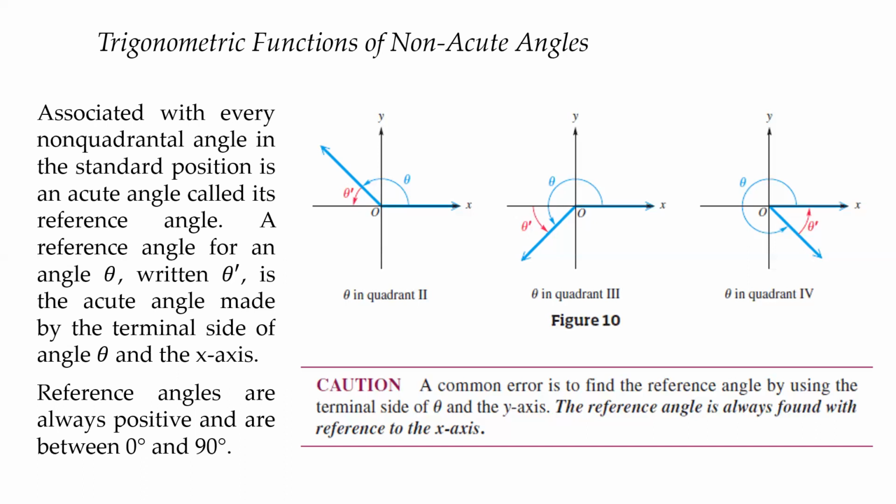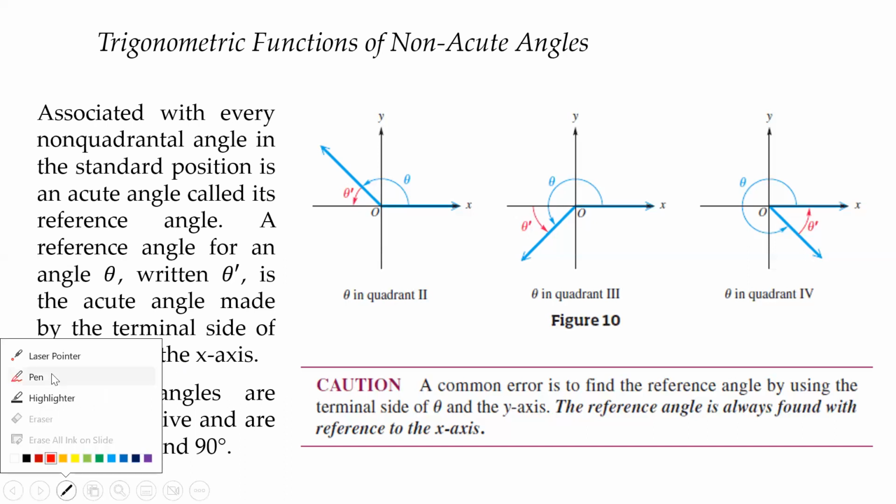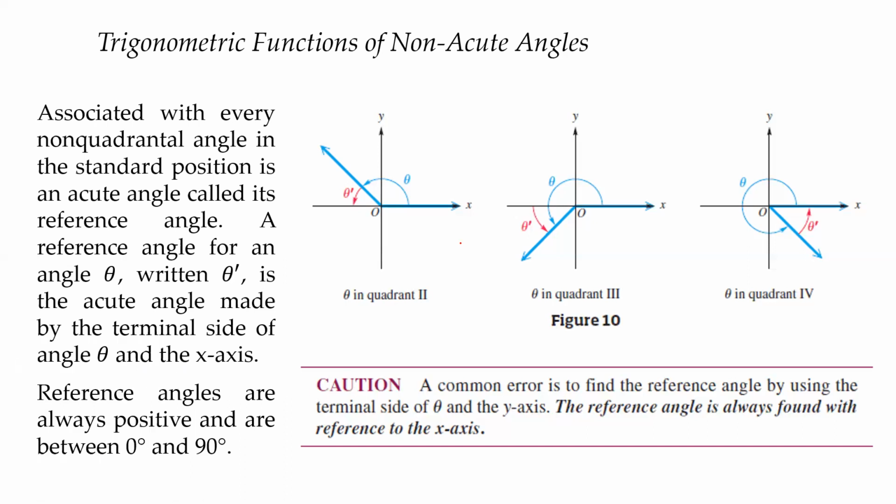So say for example, if we look at our first figure here, theta in quadrant 2. We know that for our angle to be in quadrant 2, its angle measure must be more than 90 degrees but less than 180.